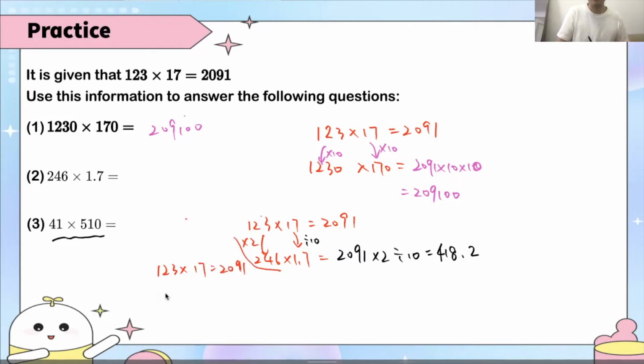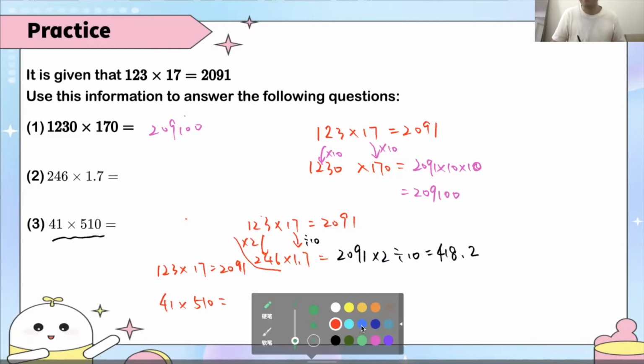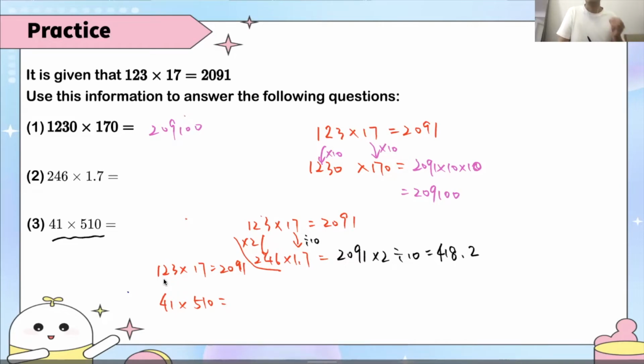And I will write down 41 times 510. What is the connection between these two equations? Okay, if you cannot find any connections, first, from 123 to 41, what we did, we divide by 3. So from 17 to 510, what we do, we times 30, right? We times 30.